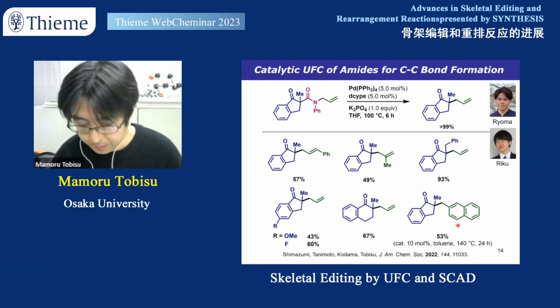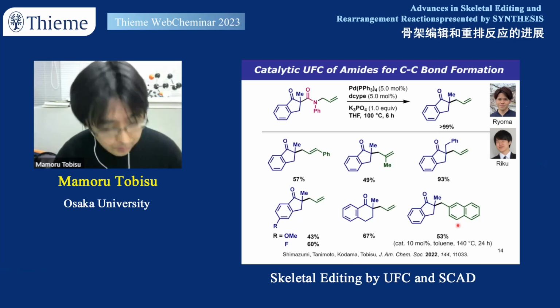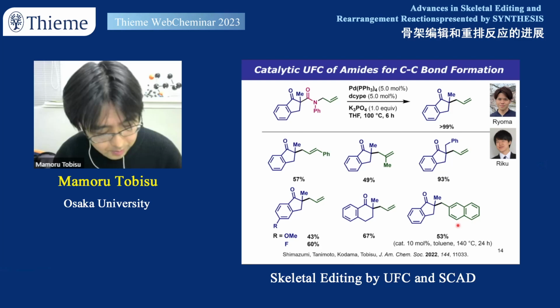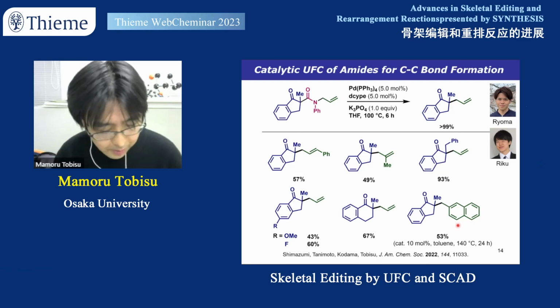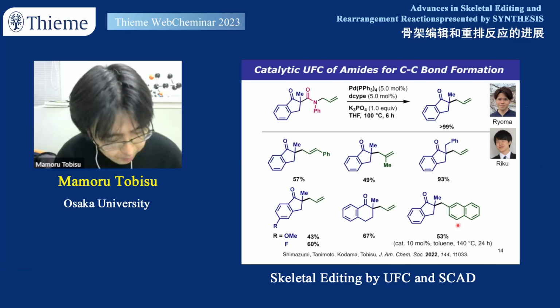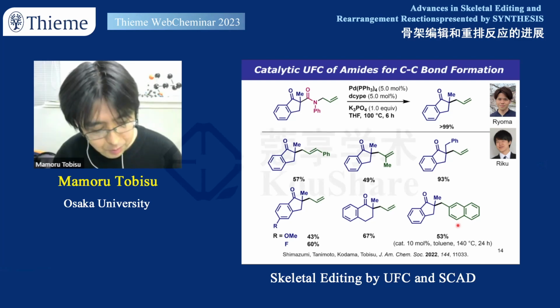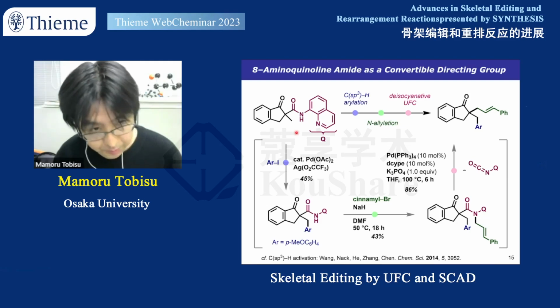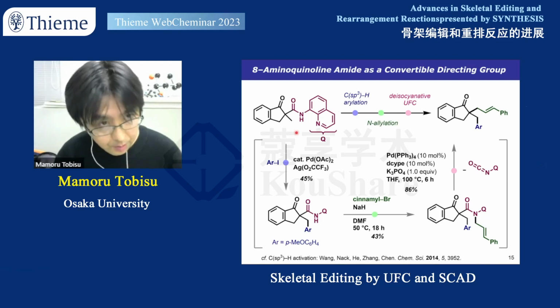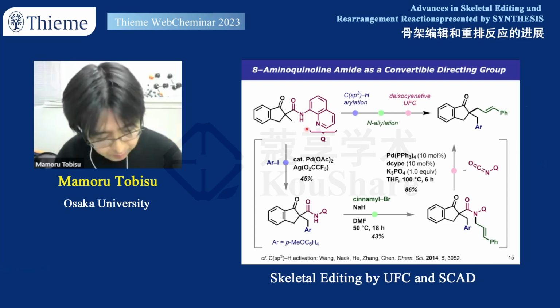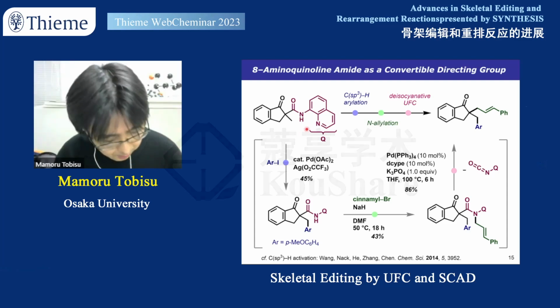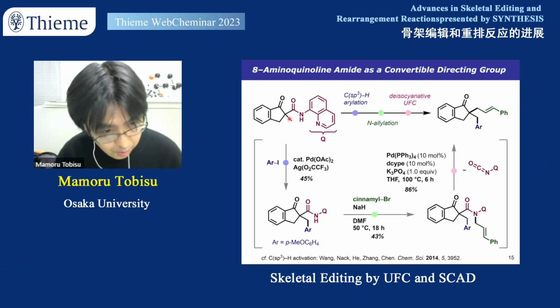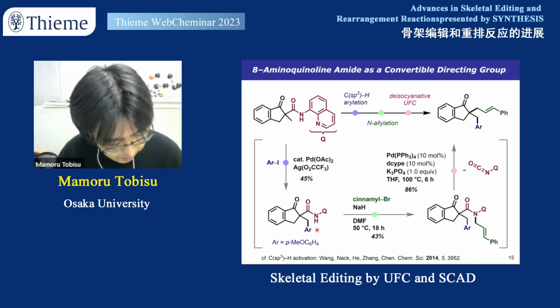Okay, so in this slide, I would like to talk about the synthetic application of this UFC of amides. An amide group having an aminoquinoline moiety is known to serve as a directing group for C-H bond activation reactions. So for example, this amide having an aminoquinoline can be alkylated by a palladium catalyst, in which the C-H bond of this methyl group is directly substituted by this blue aryl group, as you can see here.